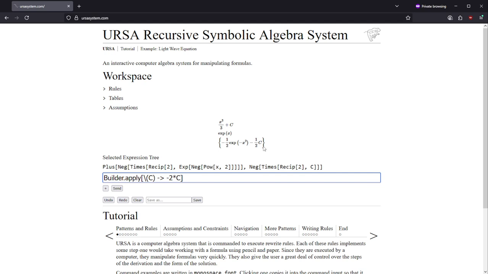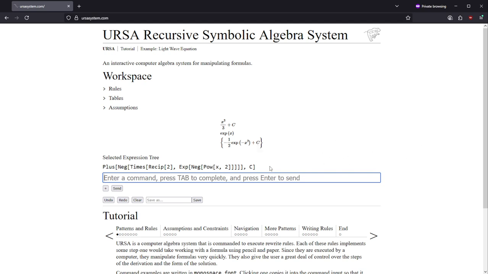So that will kind of invert this minus 1/2. And then we can run this bottom up on the entire expression tree, replacing every occurrence of c. So after running that, c has been replaced with minus 2 times c, and then we can simplify, and then we just get plus c. So that's another way to do it if you want to be careful and just replace c with something everywhere.